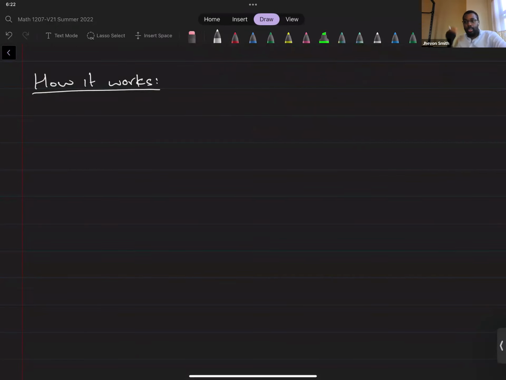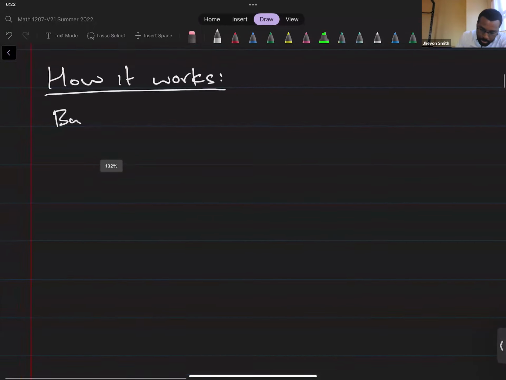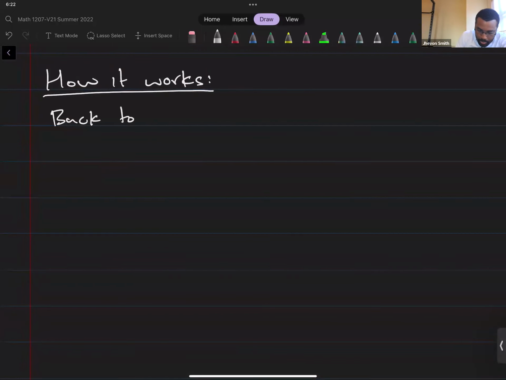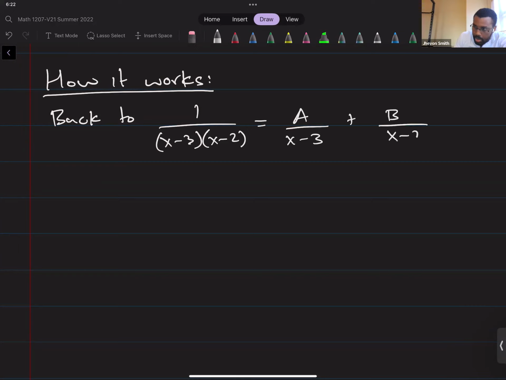So let's go back to our first example. Now I'm going to show you how to use the cover-up method to actually find the A and the B. This is going to be quicker than multiplying across, plugging in convenient values, or some of the other methods I told you about yesterday.